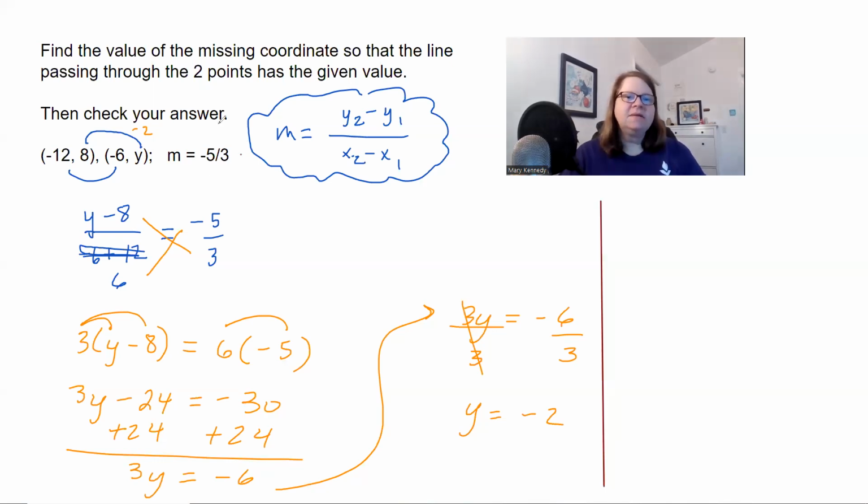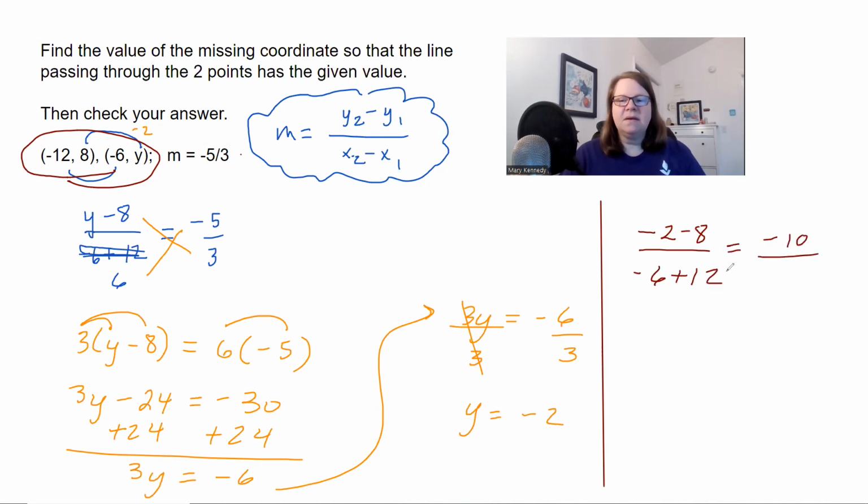We've got our 2 points here, and we're going to see if we get -5/3. So if I subtract our y's, we'd have -2 minus 8 over subtract our x's, -6 minus -12. Okay, -2 minus 8 is -10, and -6 plus 12 is 6. It's like 12 minus 6 is 6.